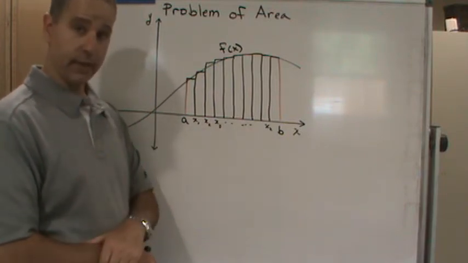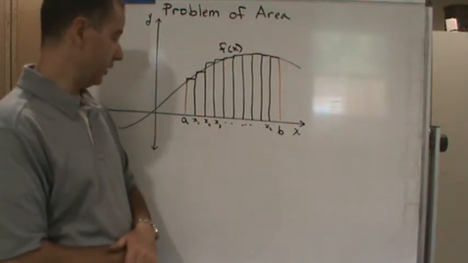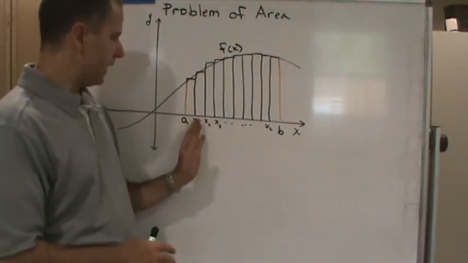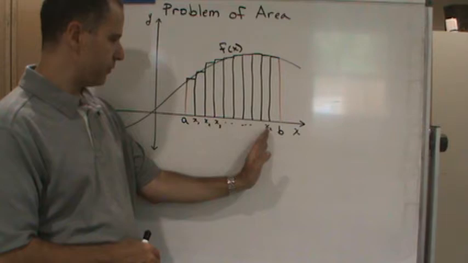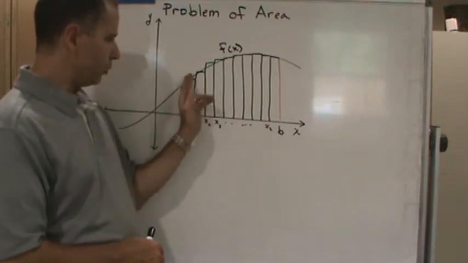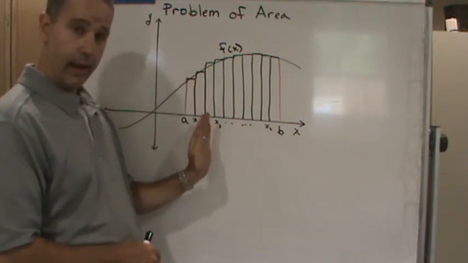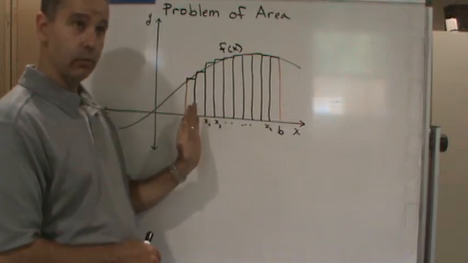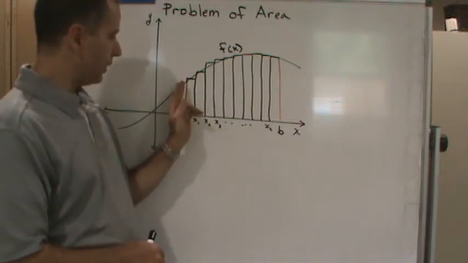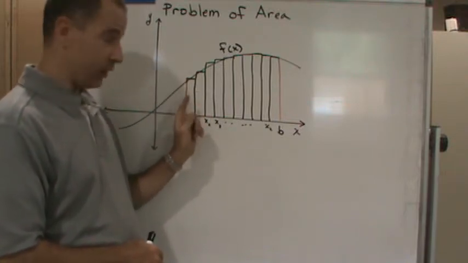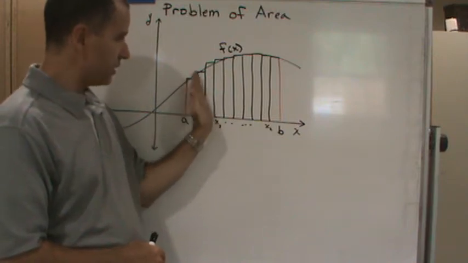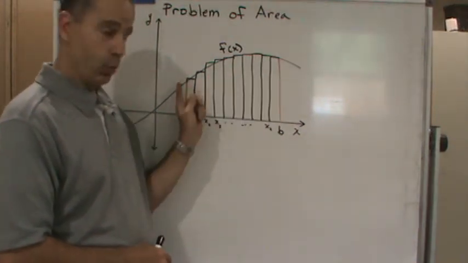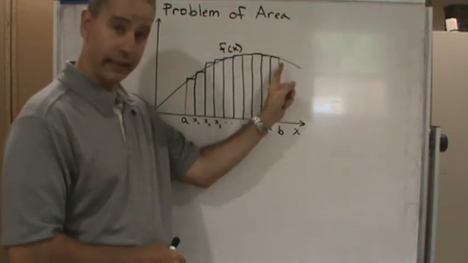We're going to talk about limits in the next section. But what we're saying is, if we increase the number of subintervals, the areas of those rectangles will be closer, and as we sum up those areas, we'll get closer and closer to the real area.